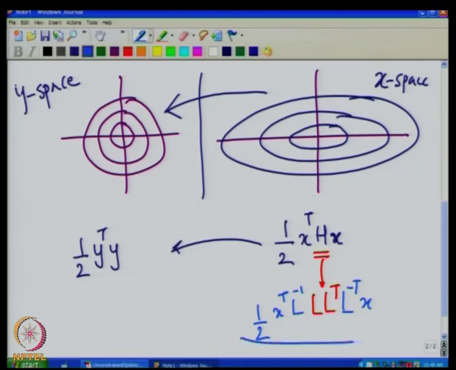So, then this expression gives a transformation to the y space, because L transpose and L minus transpose get cancelled, and L inverse L will get cancelled, and what we get is a circular contour. So, we will see more about this now.